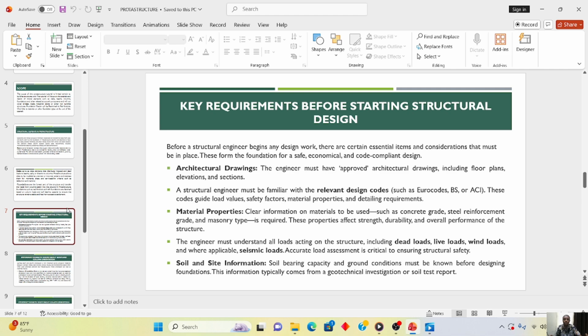Let me come again. Before you can do your foundation design, the soil and site information report should be handed over to you, because you'll be using that during your design.